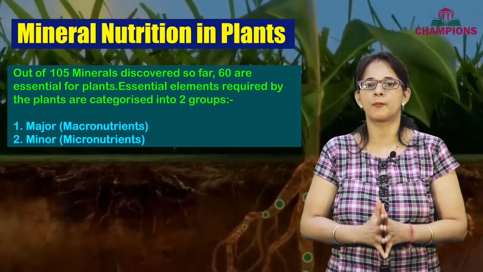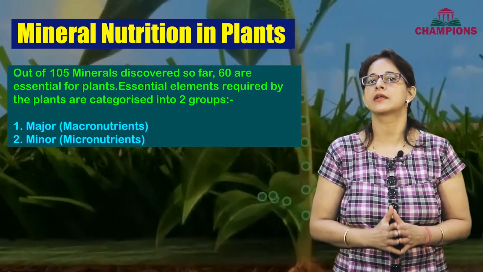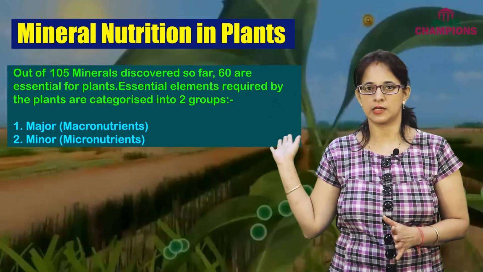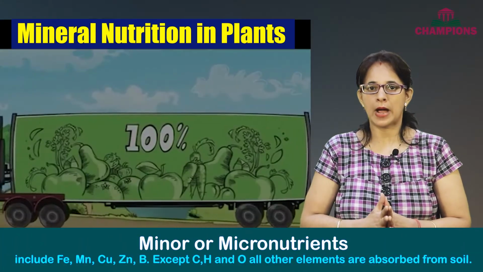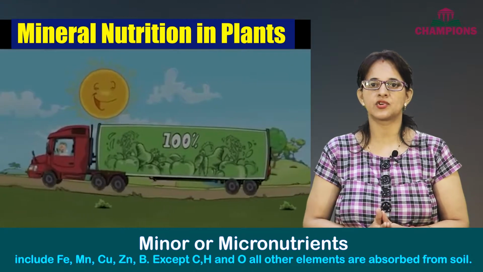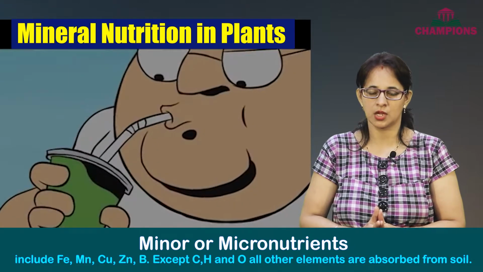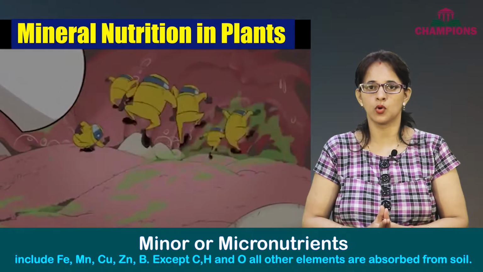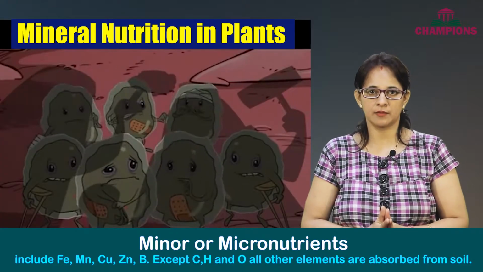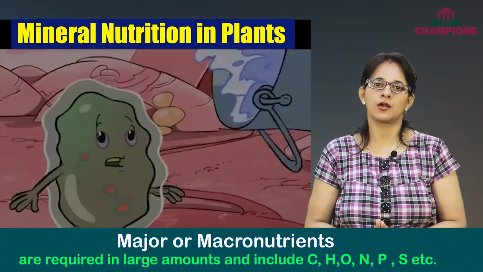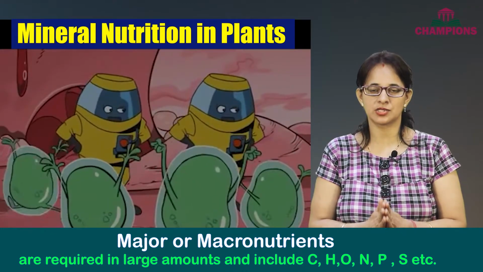Essential means they need to be obtained from the surroundings, and these essential elements are categorized into two categories: micronutrients and macronutrients. Micronutrients, also called trace elements, are required by the plants in trace amounts. For example, chlorine, boron, manganese, iron, zinc and molybdenum are all micronutrients. On the other side, there are macronutrients, which are required in large amounts by the plants.